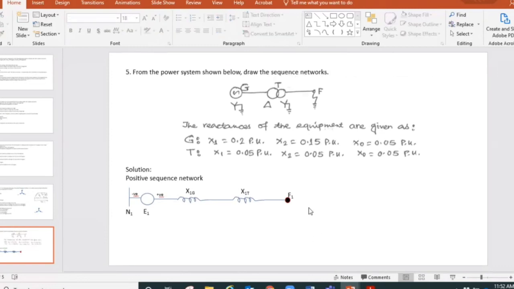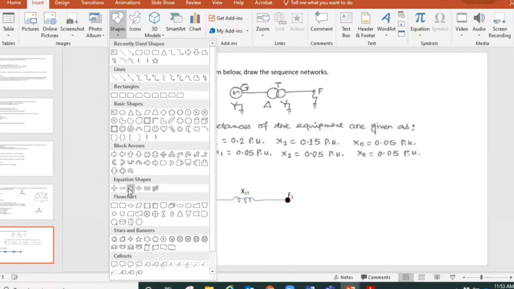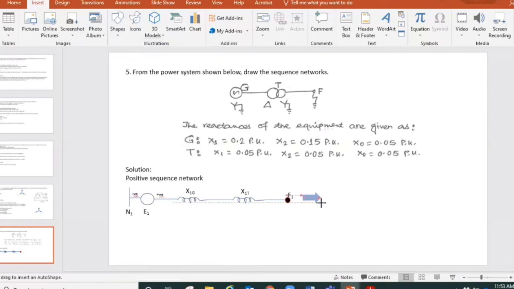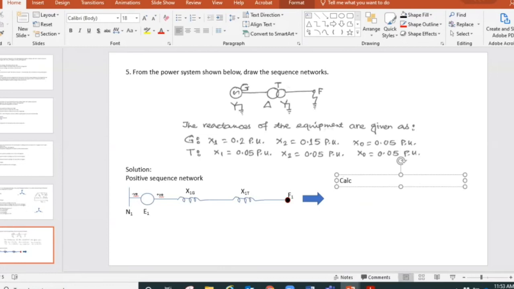Now that's the diagram for positive sequence. We have done it. Now the next step is I extend this to calculate the equivalent reactance.